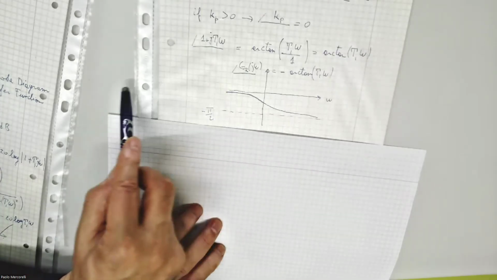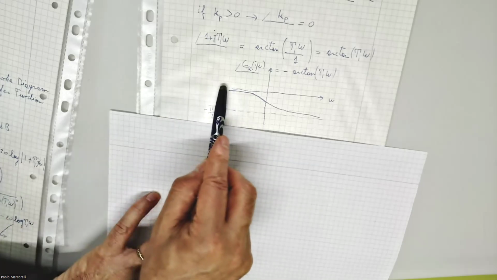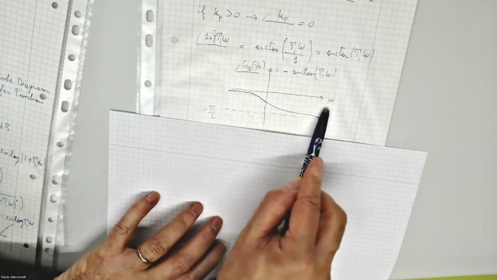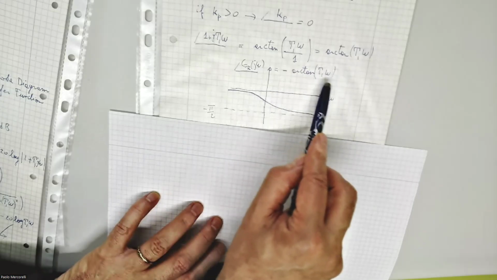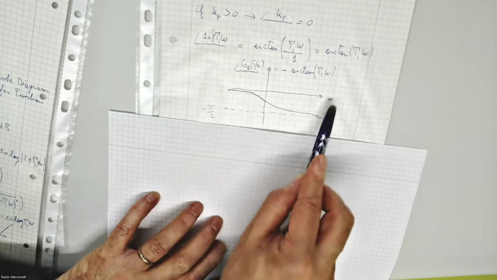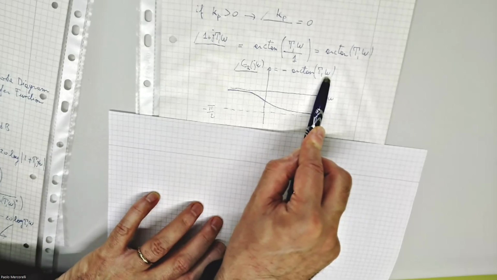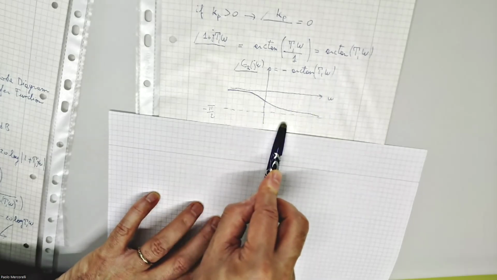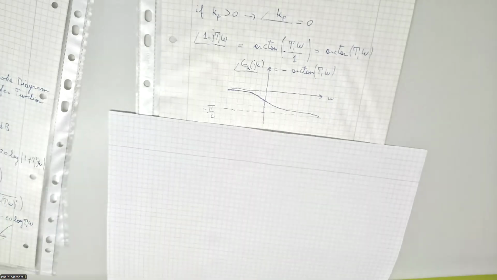This distance here is infinite. Omega towards 0 goes in this direction. Now, for omega equal to 0, the arctangent of 0 is 0, asymptotically. For omega infinite, we will have minus pi divided by 2 because of this minus here. I don't remember a little bit. I don't know if you remember trigonometric functions.